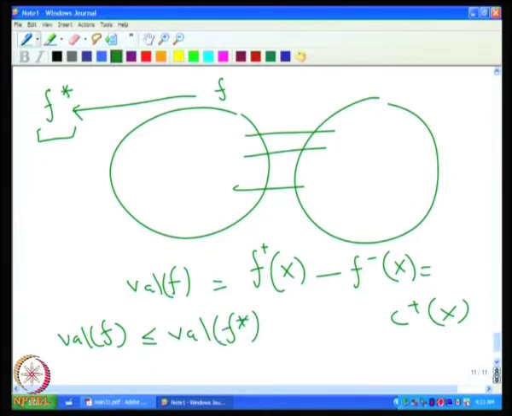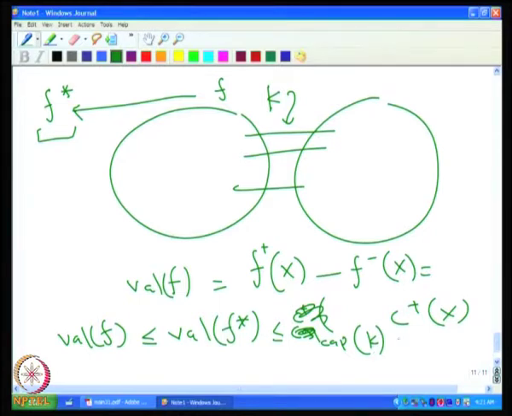And then we can see that this f star, also being a flow, has to satisfy the property that it is less than or equal to the capacity of the cut, C plus of that particular cut. Let us call the cut x, and let us say the capacity of the cut.